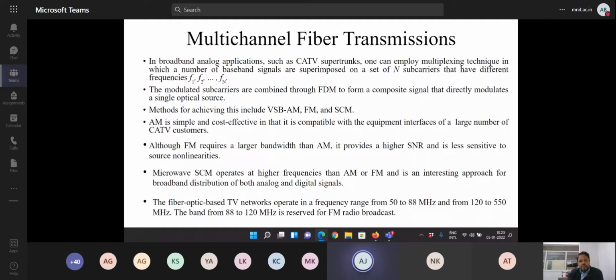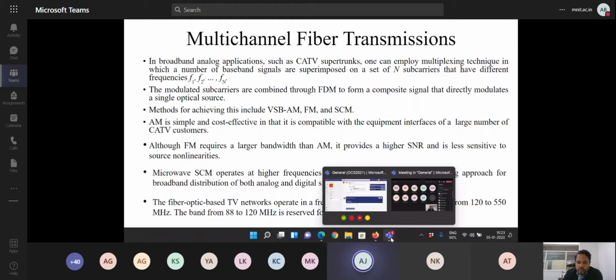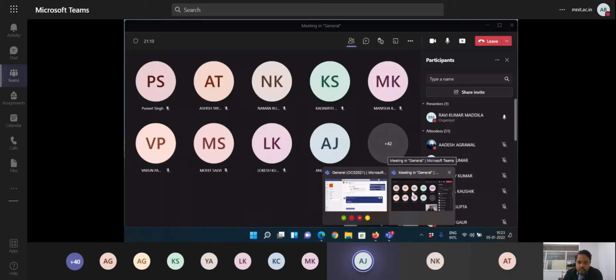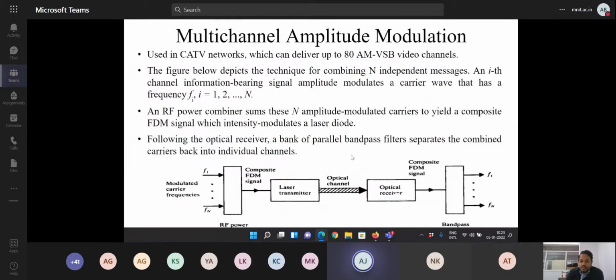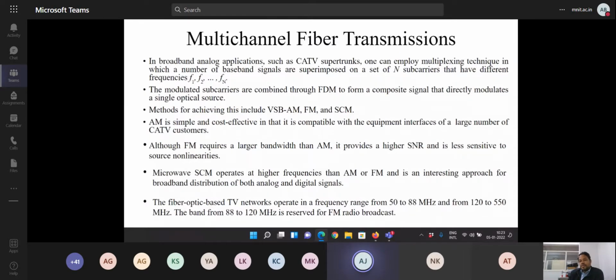So there are multi-channel fiber transmissions. Multi-channel fiber transmissions refer to using many subcarriers. The subcarriers can all have different frequencies, and each frequency can be said to be a channel.